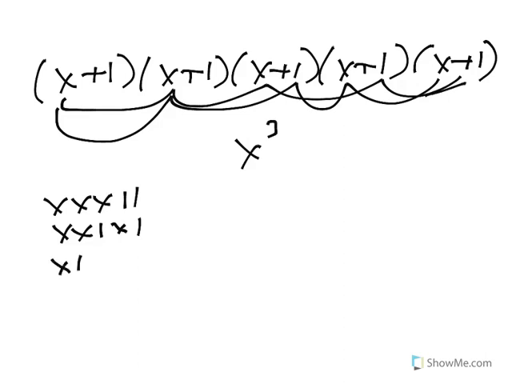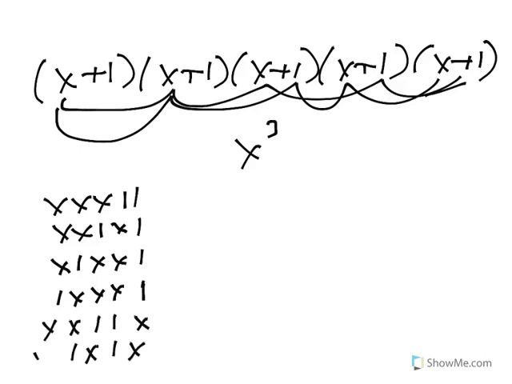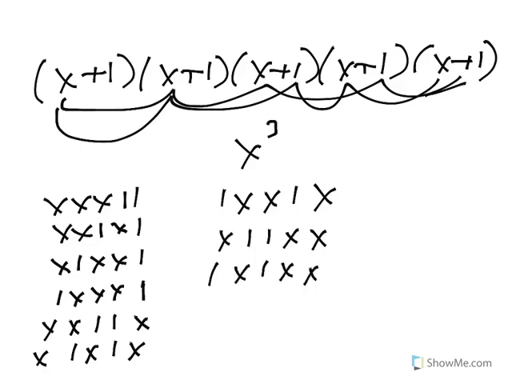See, I'm choosing the x from the first, the 1 from the second. I could do 1, x, x, x, 1. There's going to end up being more, and I could have 2 1's in other places. Notice I found 1, 2, 3, 4, 5, 6, 7, 8, 9, 10.